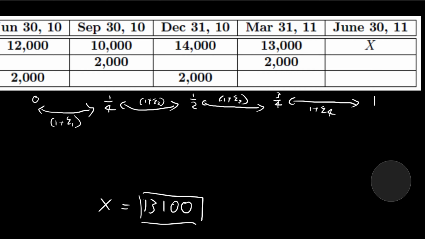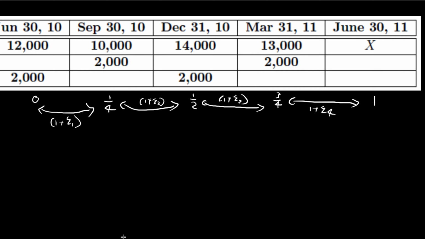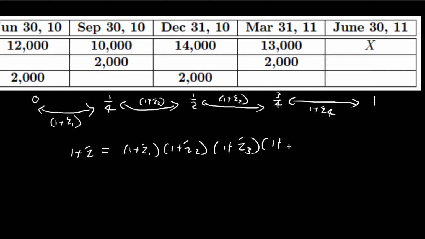Each represents a 3-month effective rate occurring within that period. The time-weighted rate of return is defined to be equal to this expression. This is essentially the concept of time-weighted rate of return, and all we're doing is applying this formula.